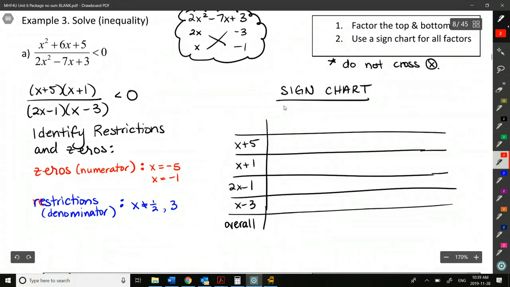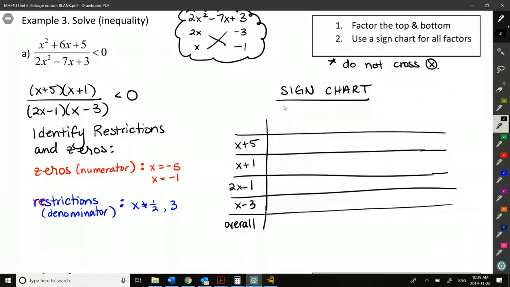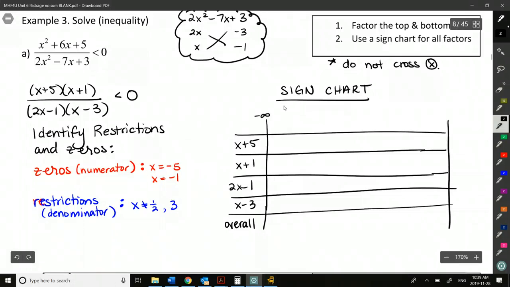On the top, if you remember, we will usually line up the zeros from lowest to highest, thinking of this as negative infinity and thinking about the end of our chart as positive infinity, almost like a number line. Now, not only do I want to include the zeros, but I also want to include any restrictions, because where I have restrictions, I might have asymptotes that cause my graph to change in between those.